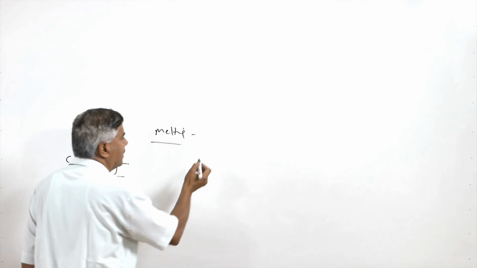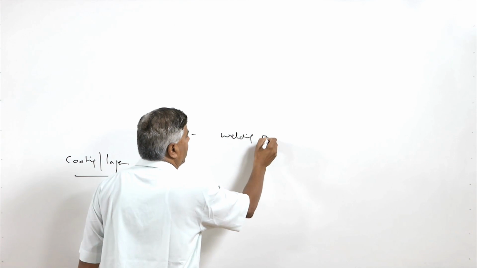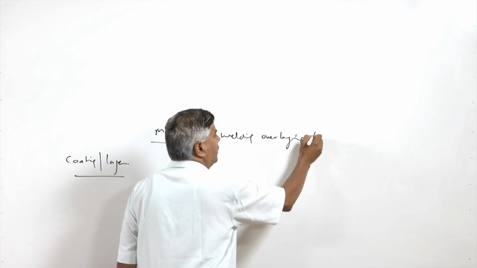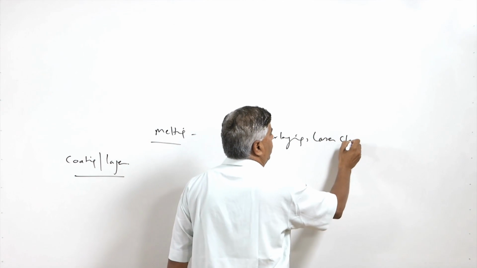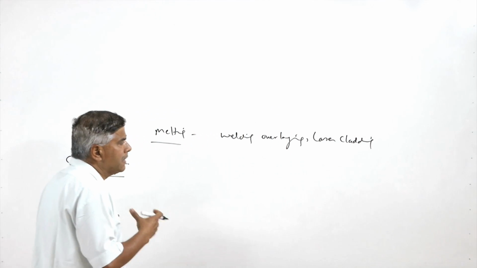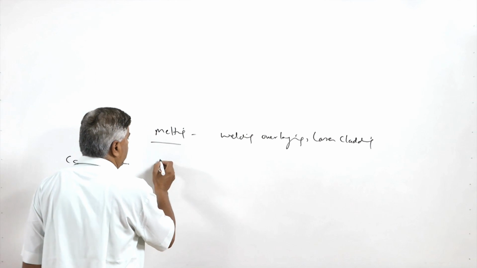Melting based methods are where weld surfacing or weld overlaying is carried out, or laser cladding, where the energy of the laser is used for developing a cladding or a layer.